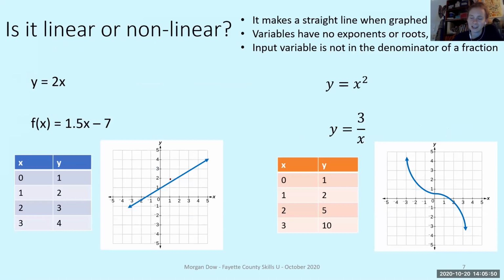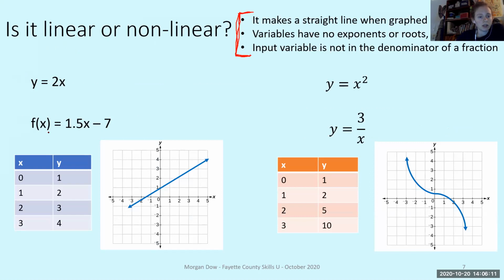All right, so now let's look at some examples. We want to keep these characteristics of a linear function in mind. It makes a straight line when graphed. The variables have no exponents or roots, and the input variable should not be in the denominator of a fraction.